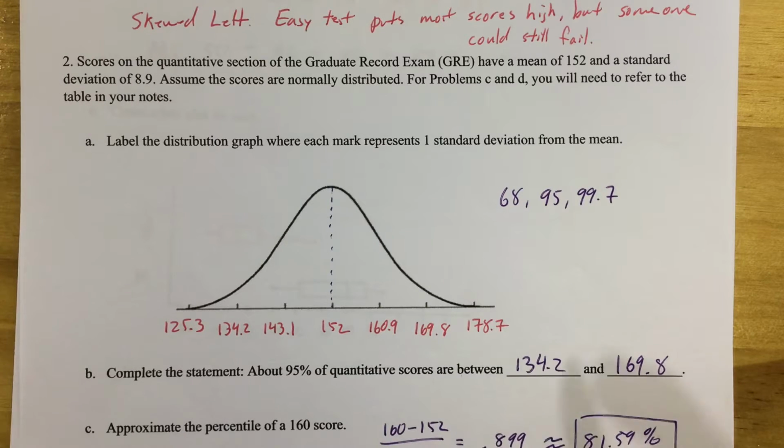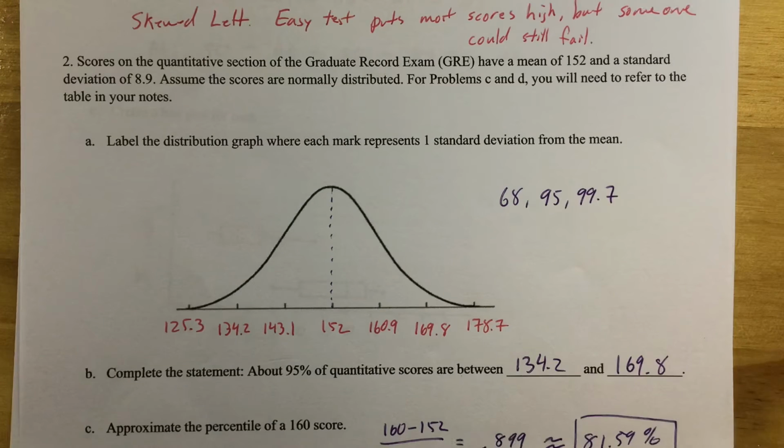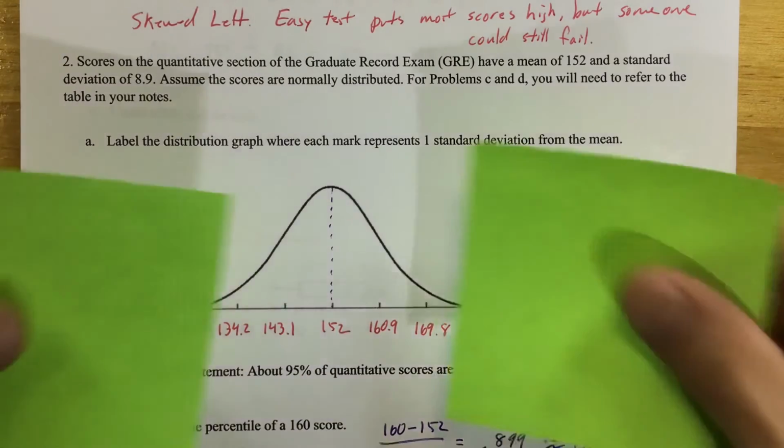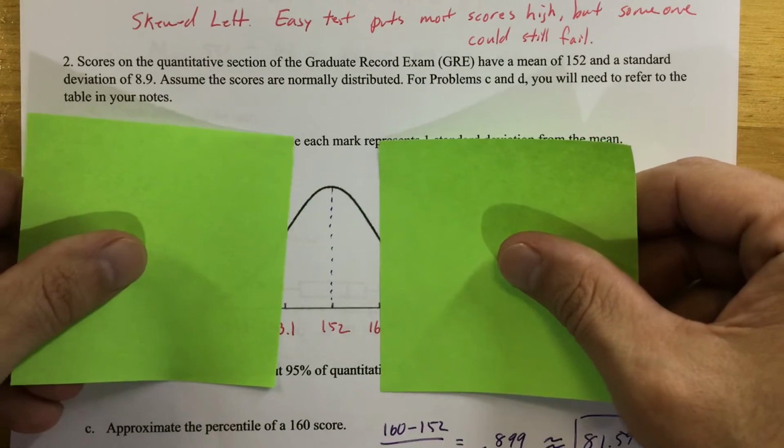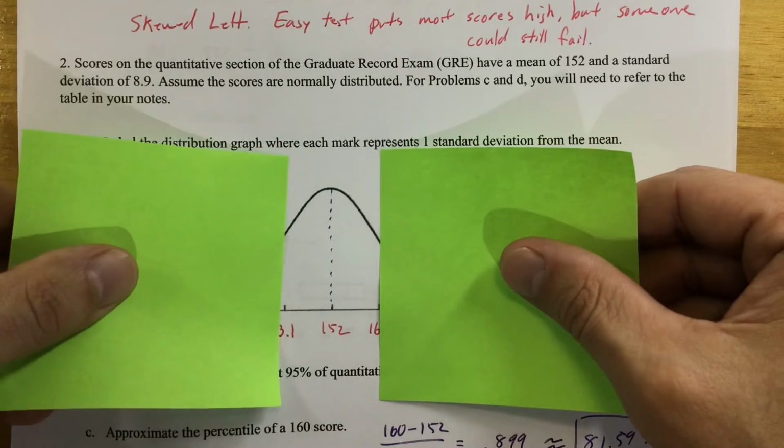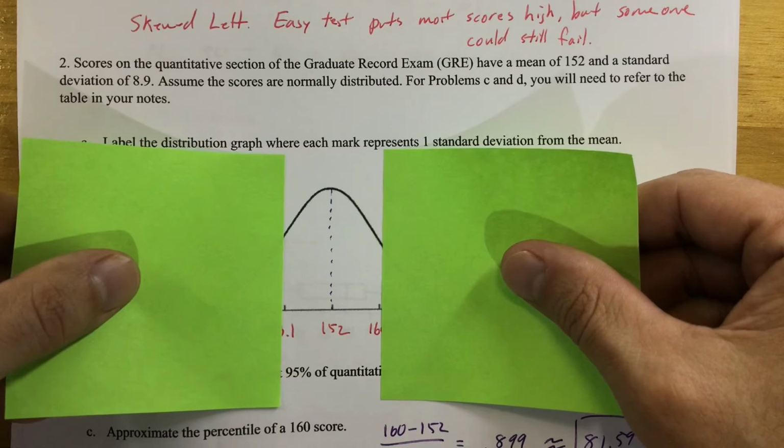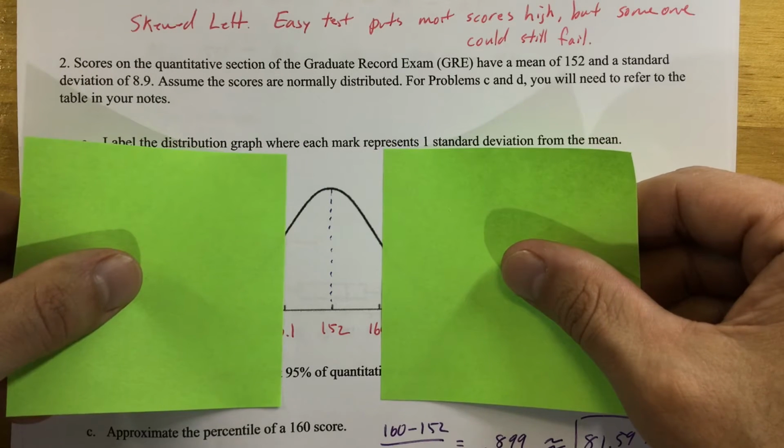And the reason is because in any normal distribution, if you look, let me get some little papers here to guide this. If you look within 1 standard deviation of your mean here, that's going to represent 68% of the data.